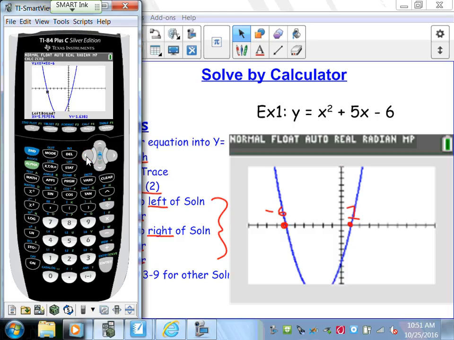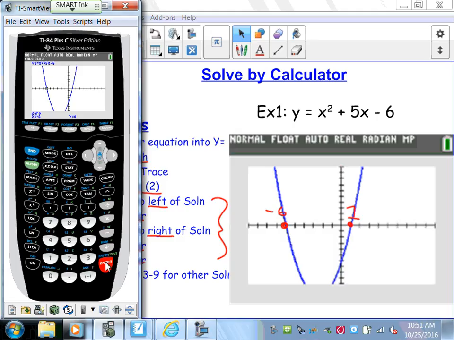There you go. Okay. So see how the blinker is as close to the answer as possible, right? From there, you go left, enter, right, right, enter, enter. And then it'll give you that answer.